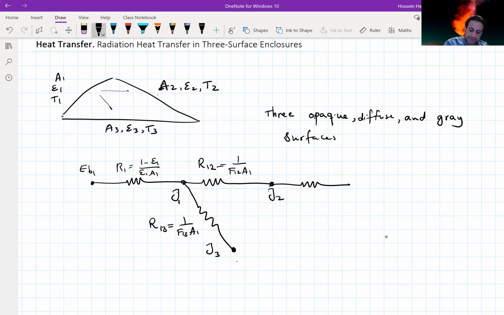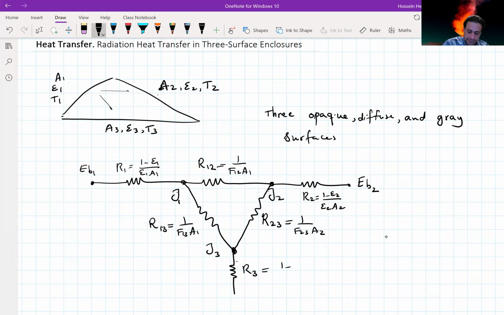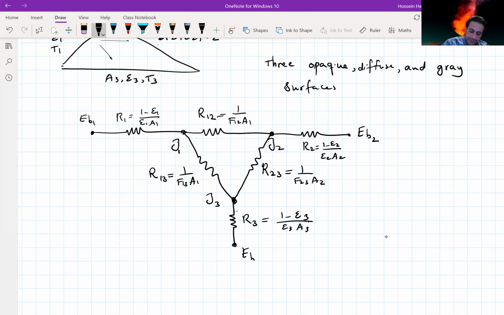This is the surface resistance R2, which is 1 minus epsilon 2 over epsilon 2 A2. This is EB2, and there is a transfer of radiation between J2 and J3 with the space resistance of R23, which is 1 over F23 A2. And here there is this surface resistance R3, which is 1 minus epsilon 3 over epsilon 3 A3. And here we have EB3.